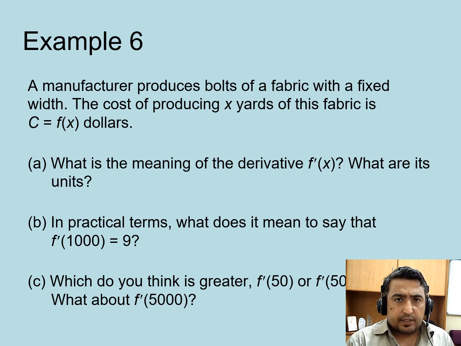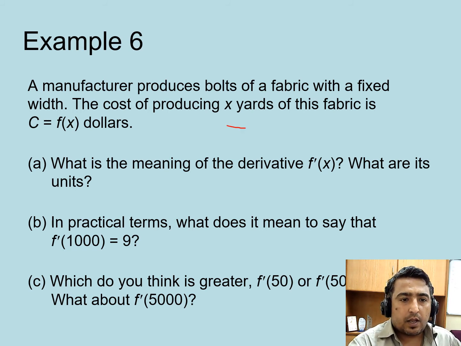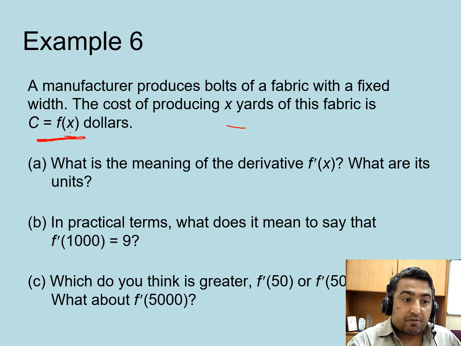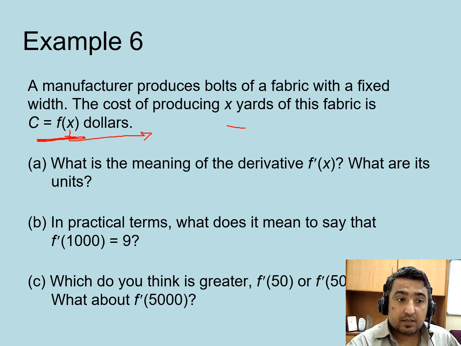Here is an interesting example. A manufacturer produces bolts of fabric with a fixed width, and the cost of producing x yards of this fabric is this, as a function of x. If you want to produce more yards, the cost will of course increase.